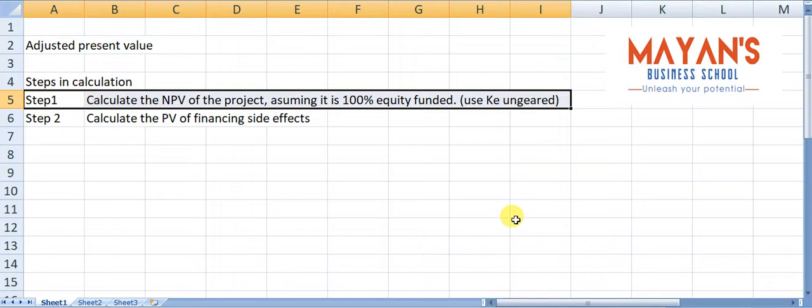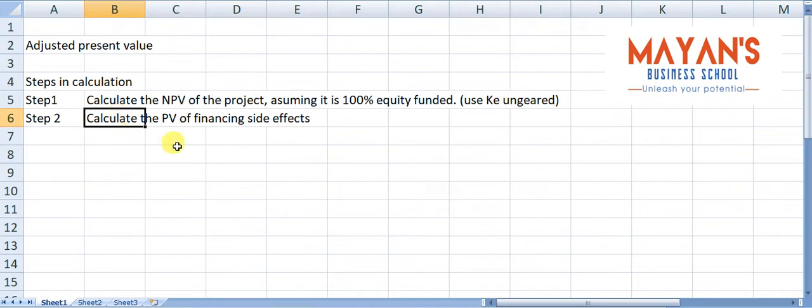So when the company is raising some different funds, there are going to be some financing activities. With the question, I will explain what this financing activity means. Because of those financing activities, whatever additional cash flows you are getting, you analyze in step 2: calculate the present value of financing side effects using KD or risk-free rate.